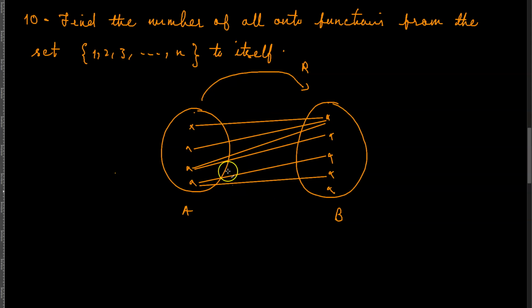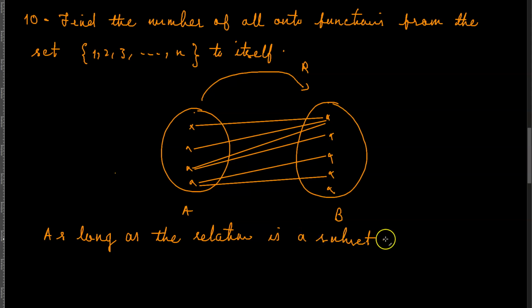So there are no rules over here. Whatever sort of relation that you want to define, you can define, and it doesn't have to be anything. I mean, you don't have to follow any rules as long as the relation is basically a subset of the Cartesian product of A and B, then basically the relation is a relation.